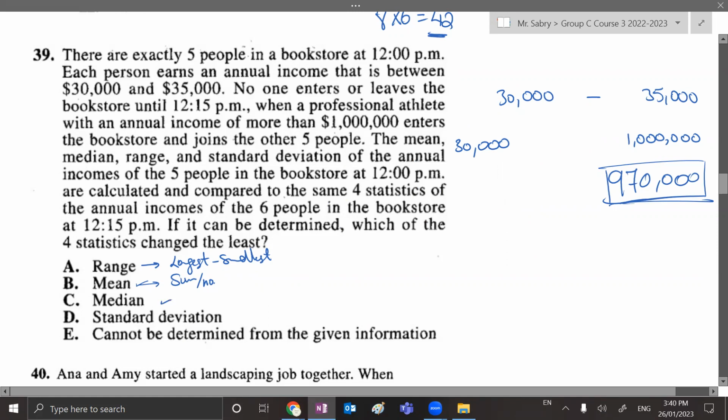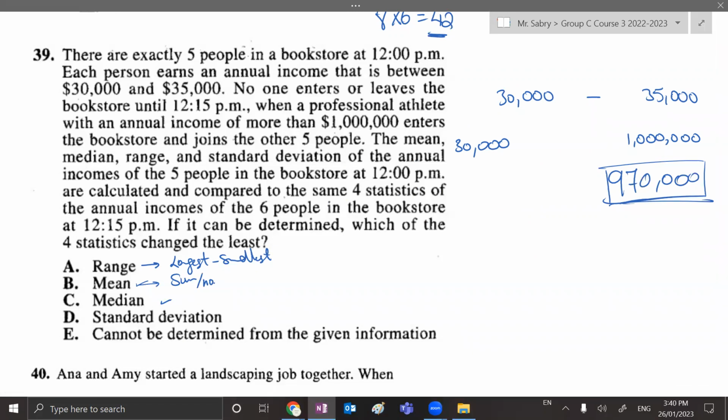Now what about the median? I had numbers all between 30 and 35,000. When I added a 6th number, the median moves one number bigger. So if the median was, let's say, 32, then the number after the median should still have been between 30 and 35, because originally they were just between 30 and 35.